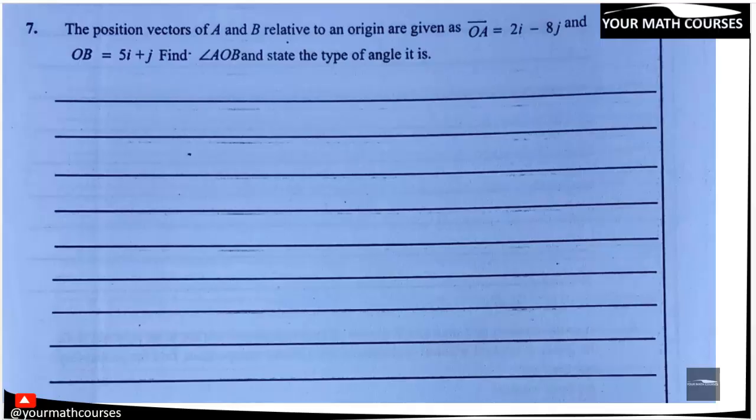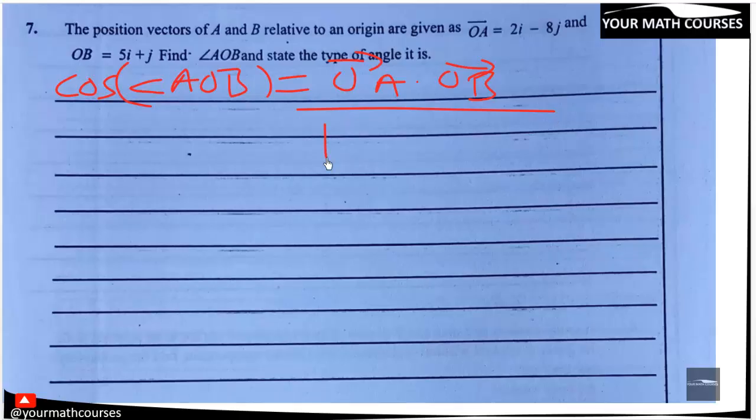So recall that cos of the angle AOB will be equal to position vector OA dot position vector OB all over the magnitude of vector OA times the magnitude of vector OB. So we can find this.